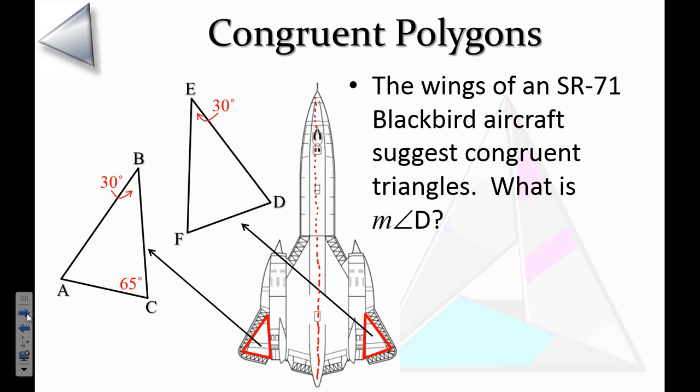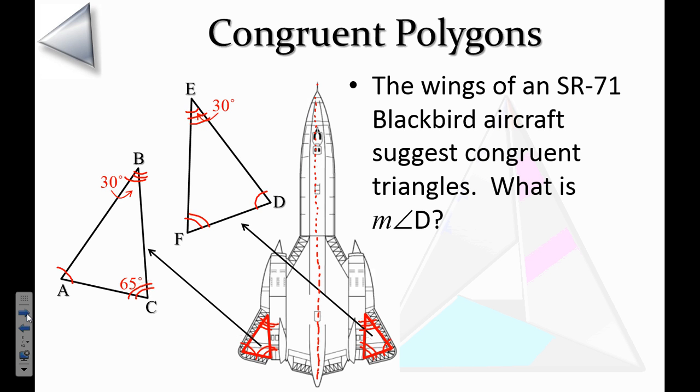So angle A would be congruent to which angle? D, right? This would be a reflection. And angle C, this angle, would be congruent to which angle on the other triangle? F. And finally, the top angle B would be congruent to what? Yep.